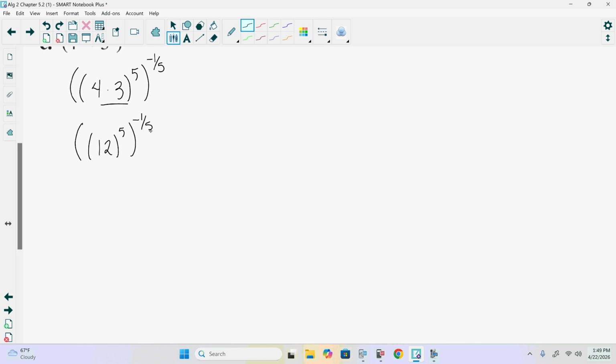Powers of powers? Multiply, yes? Did we say in that definition it had to just be 2 powers? No, because really we have 12 to the 1st to the 5th to the negative 1/5. Powers of power still multiply. It doesn't matter how many we have.